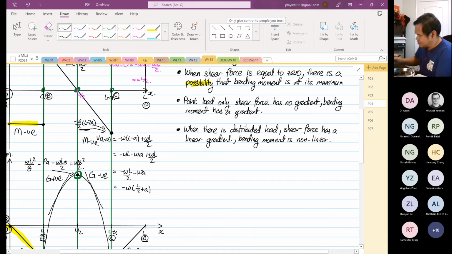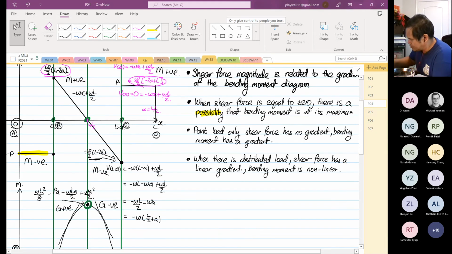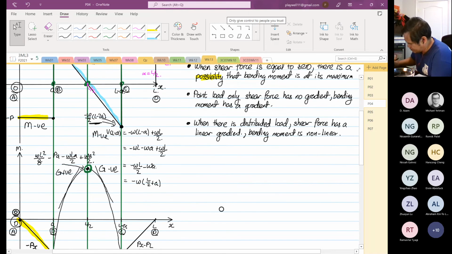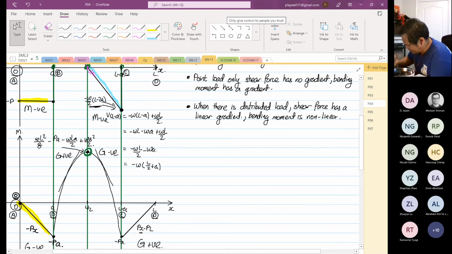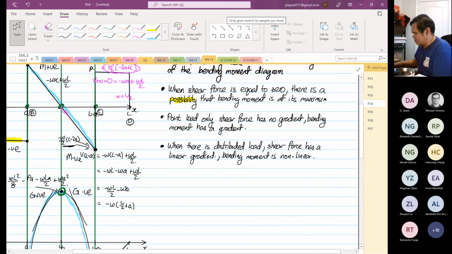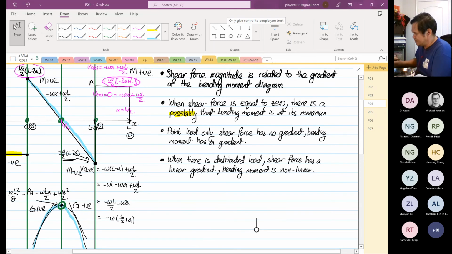So you can see over here in between B to C, you have a distributed load. Linear over here, the gradient. The bending moment is non-linear, it's parabolic, as you can see down here. So these are the things that could help you in your later courses to construct shear force and bending moment diagrams. I'm more concerned about later courses when you take them.